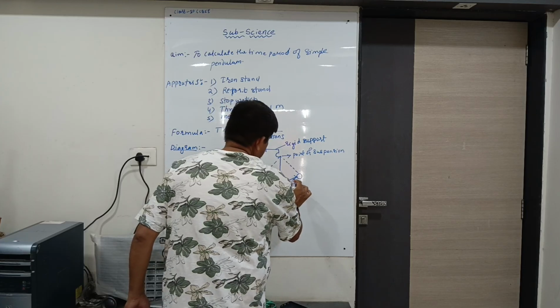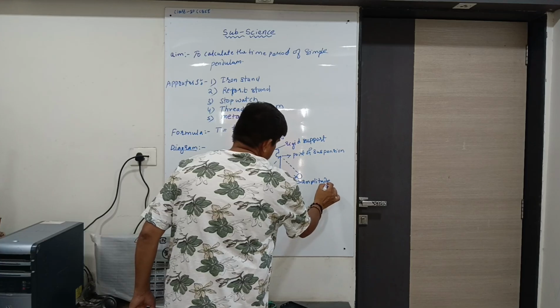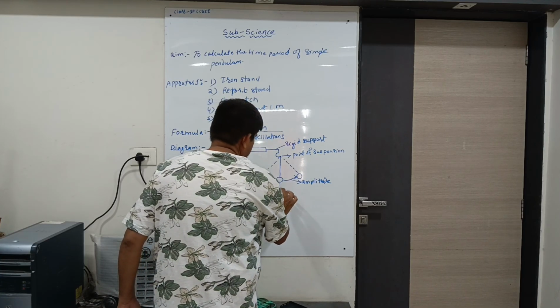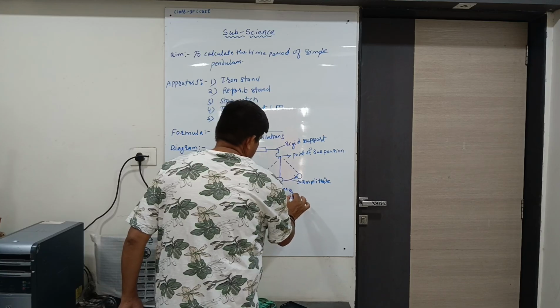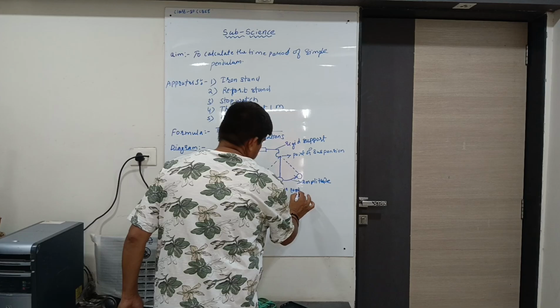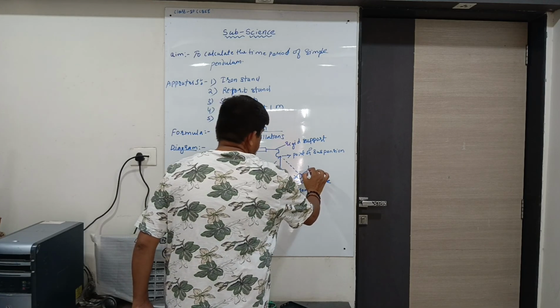So this maximum distance is called the amplitude. This is called the mean position. And this is called the extreme position.